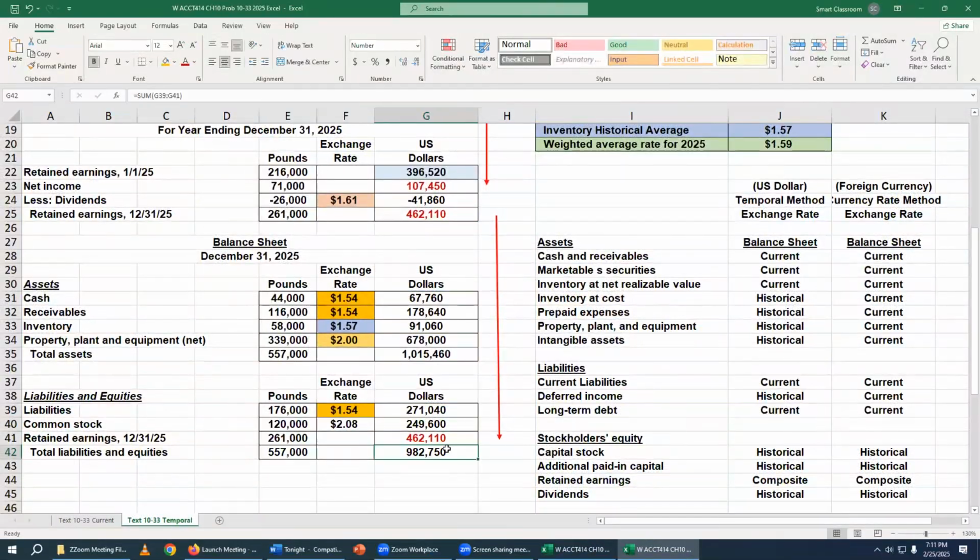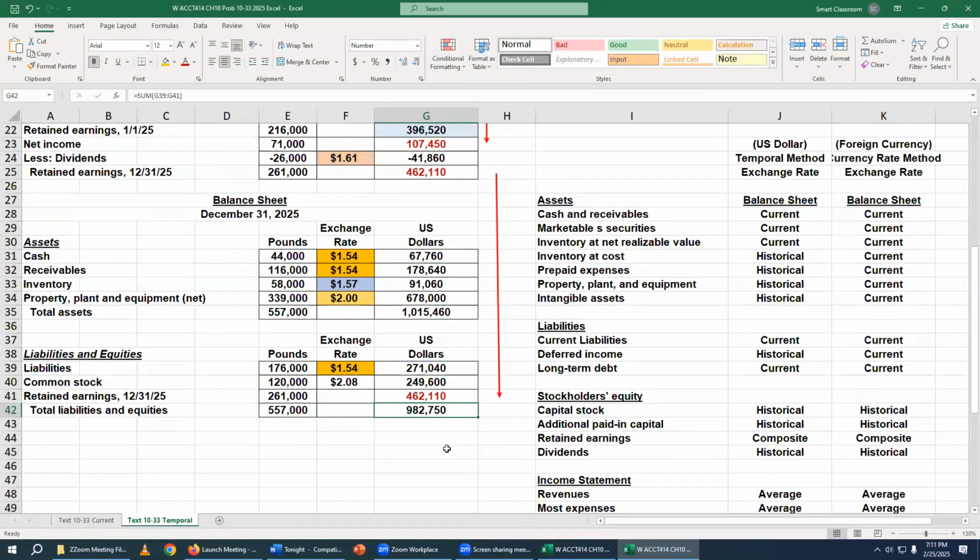All right, so the difference between these is we have this much in assets and we owe 982, so this is going to be a gain of 32,710.